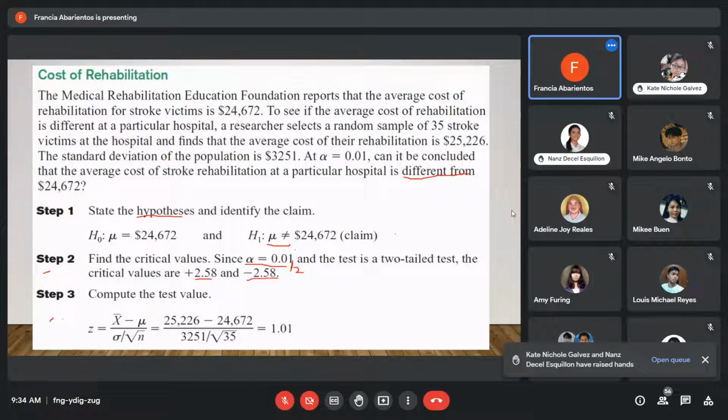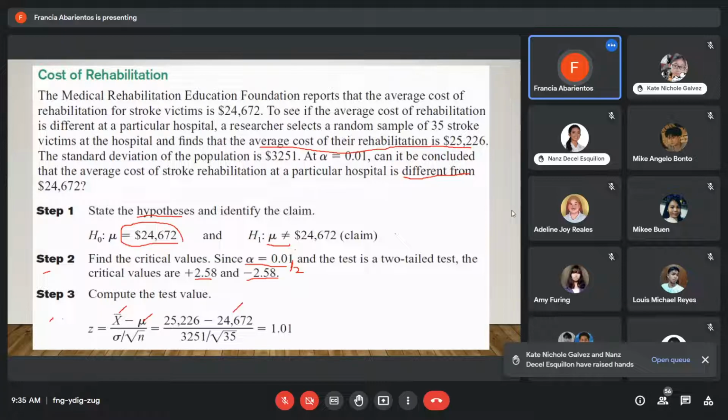Okay. So, in finding the test value, we have now the mean. In the problem, it was stated that the average cost of rehabilitation, ito, sa task class, is 25,226. And yung tinitest natin sa sample is the 24,672. Okay? Ito yung ititest mo na mean natin.